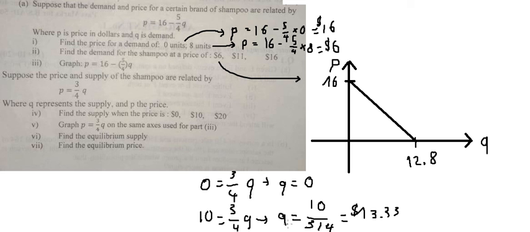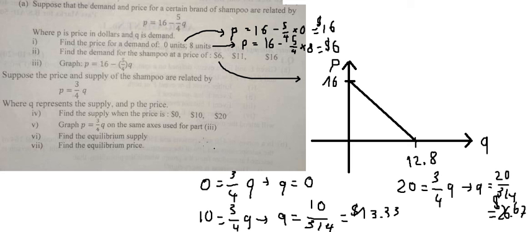And the next one is 20. And this one you will get 26.67 dollars. Question 5. Graph P equals 3 over 4 Q on the same axis used for part number 3.